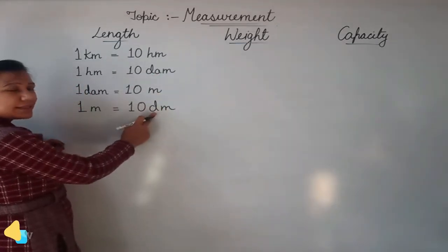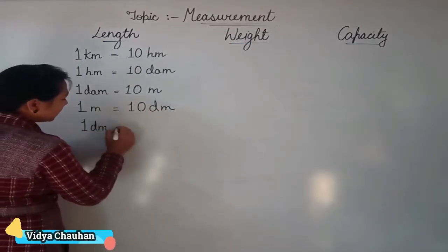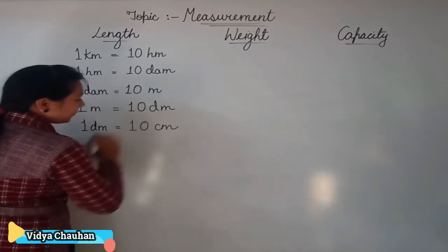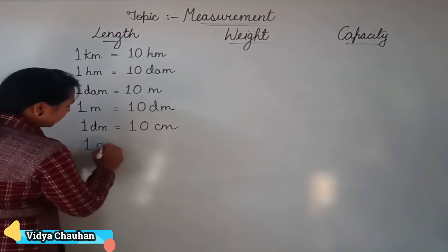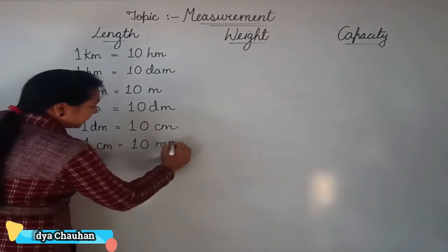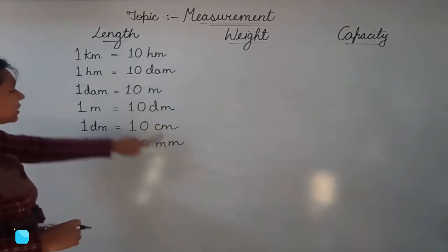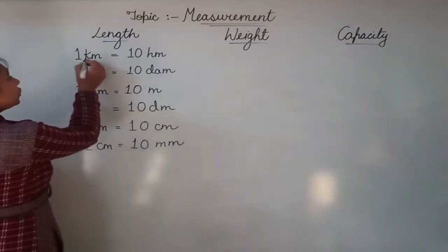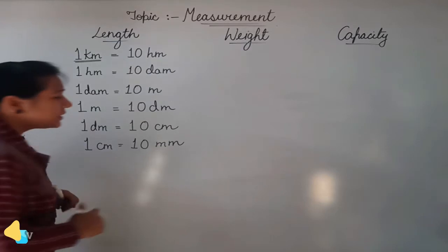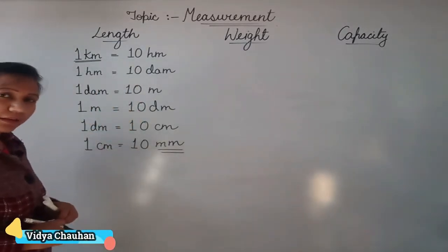After that, 1 decimeter is equal to 10 centimeter. And then 1 centimeter is equal to 10 millimeter. So this is the conversion table from kilometer to millimeter. The biggest unit which we commonly use in our daily life is kilometers, and the smallest unit which we use is millimeter. Clear, students?